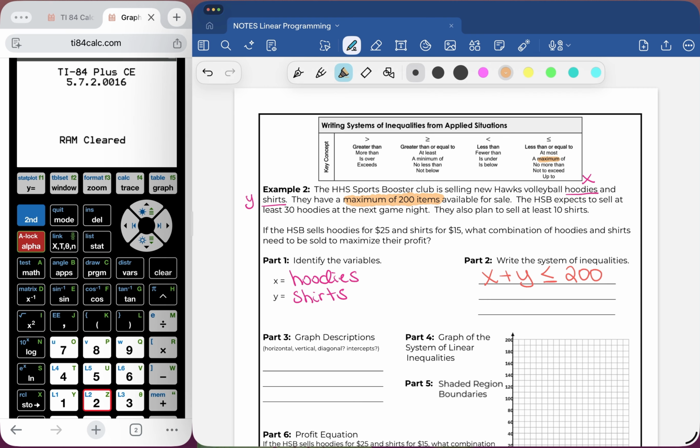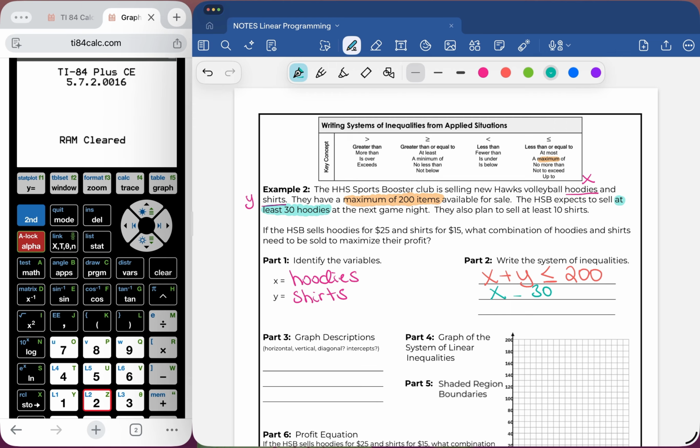The HSB expects to sell at least 30 hoodies, so that's our next piece of information. We're going to say at least 30 hoodies. All right, so for hoodies, we said that we are using the X. And I know I have at least 30 hoodies, so 30 is going to be in my inequality.